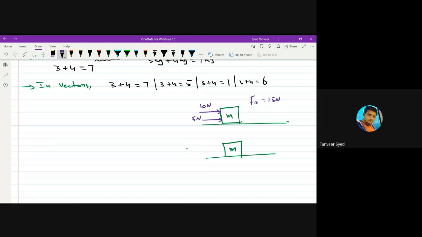If I change slightly, 10 Newton force is acting like this. 5 Newton force is acting like this. The resultant force now is 10 minus 5, which is 5 Newton.